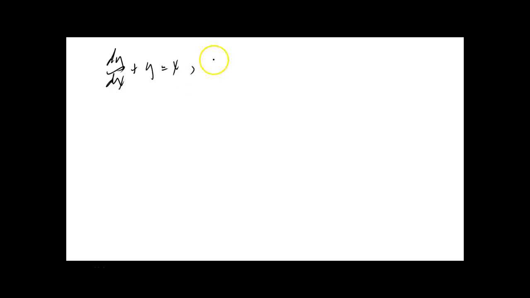But this time, we've got an initial value: y at x equals 0 is equal to 4. So this one, we will not come up with a c. Well, if we get a c, we're going to use the initial condition and evaluate it away. It's in standard form to start with, so we're fine.